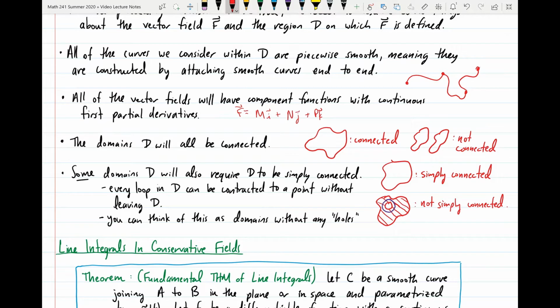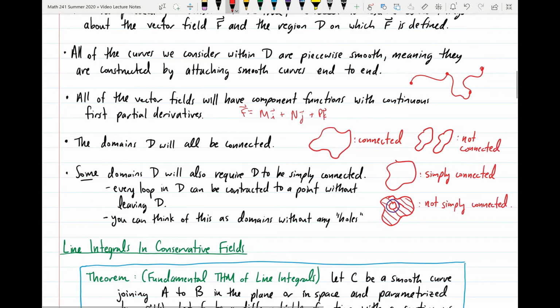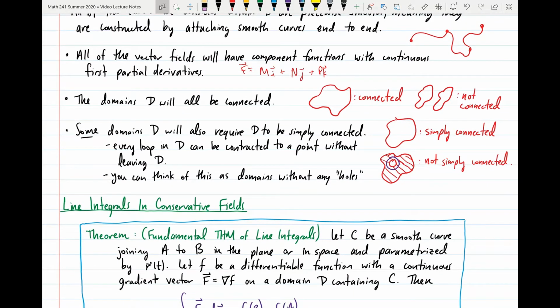And we're assuming in all of the preceding discussion that these component functions will have continuous first partial derivatives. So that is important. Next up, all of the domains D that we consider will be connected.